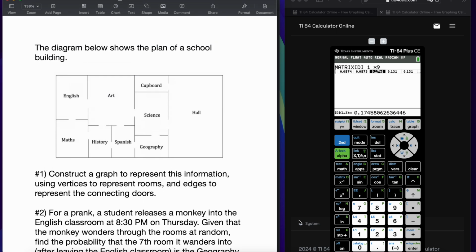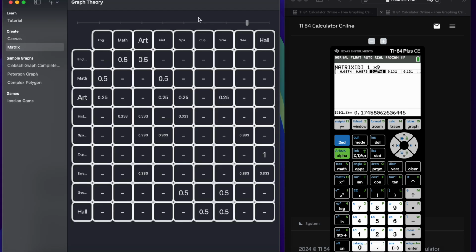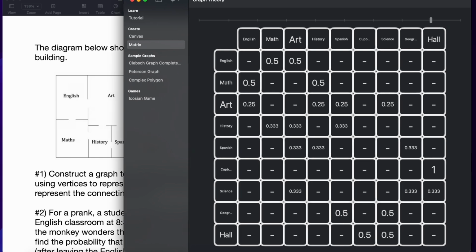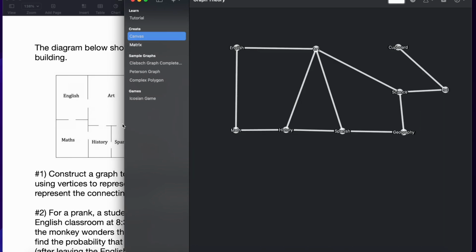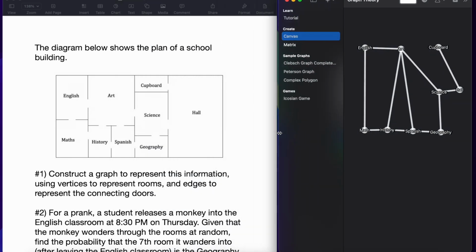All right, let's recap what we have learned so far. We are given the layout for a school. Our first step was constructing a graph representing the layout. So here we had our graph. If I wanted to elaborate on the graph, I could make this a directed graph and assign the probabilities as the weights to the directed edges.